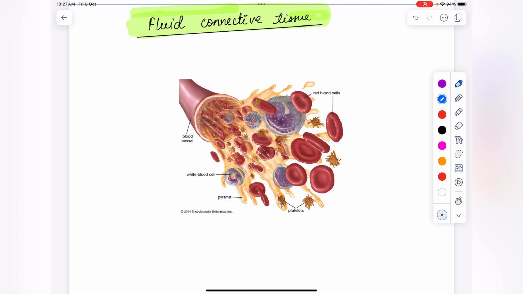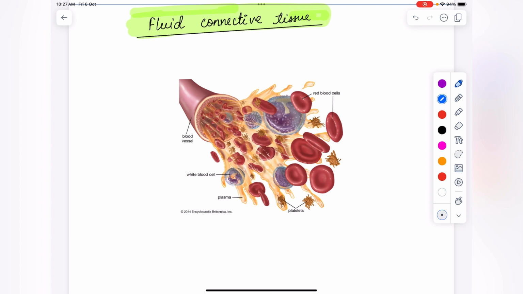So as I have explained, connective tissue is connecting all the tissues and organs, and it forms a structure like in our body. If you see from top to bottom, this connective tissue is present in different forms.